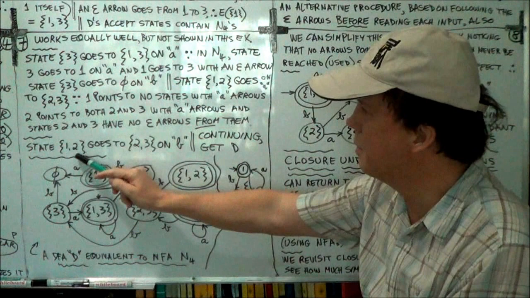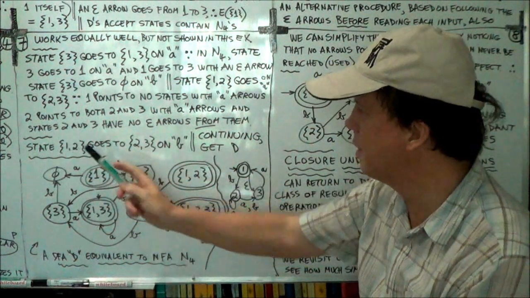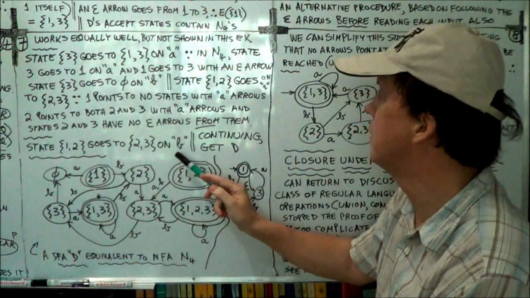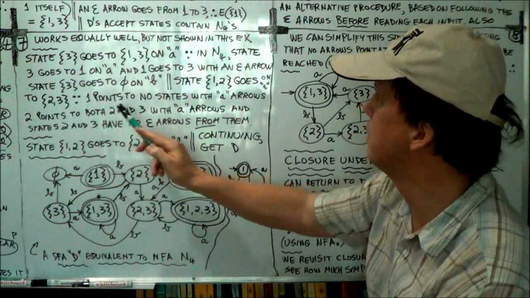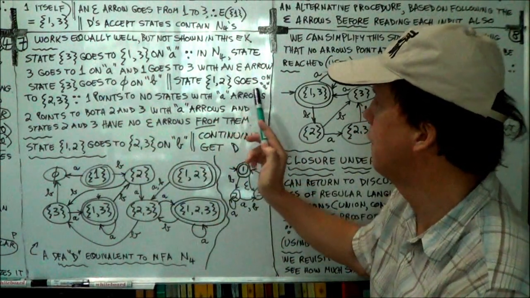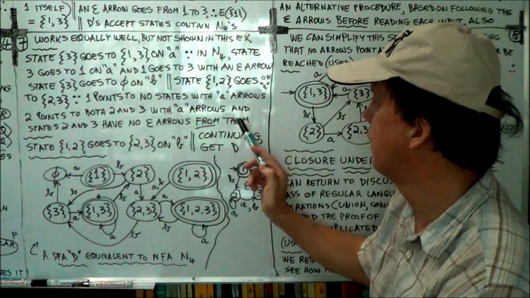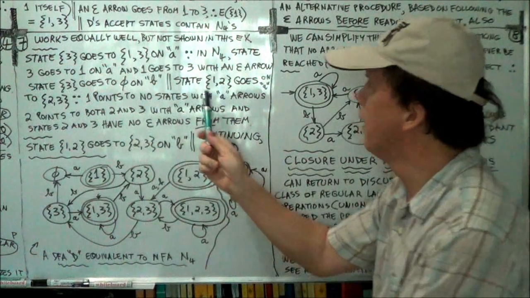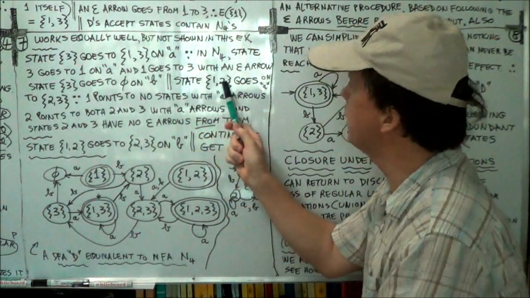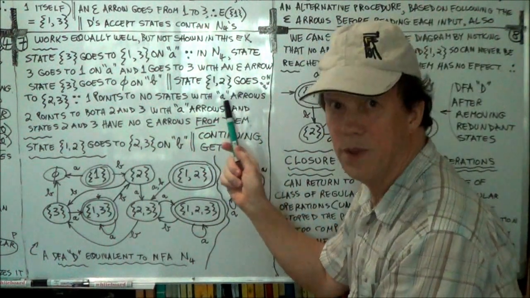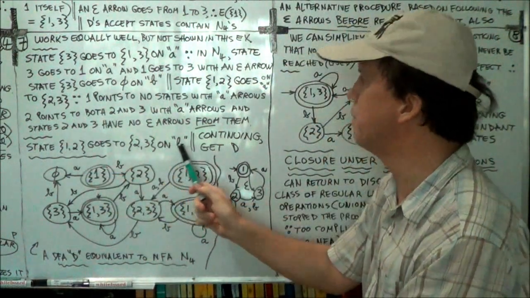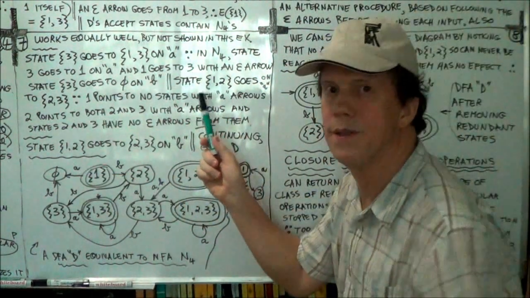So the state 1, 2 in big D, what does it go to? Oh, right here. Sorry, I jumped ahead. So what does the state 1, 2 do when the input is A? And what does state 1, 2 do when the input is B? Step by step.